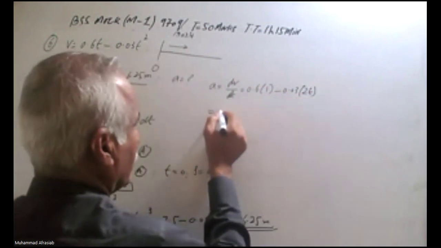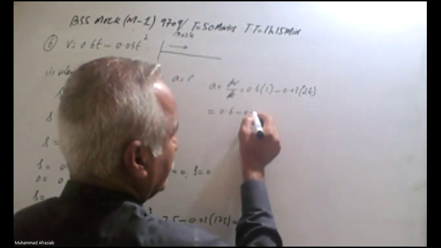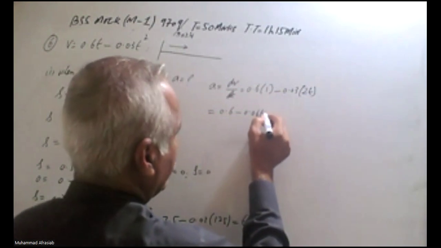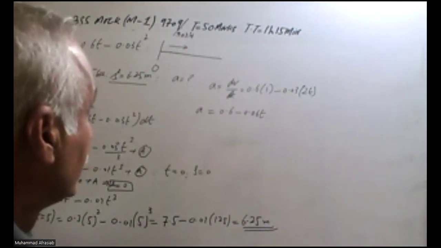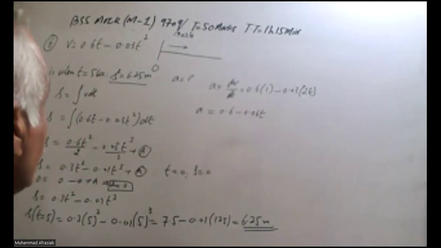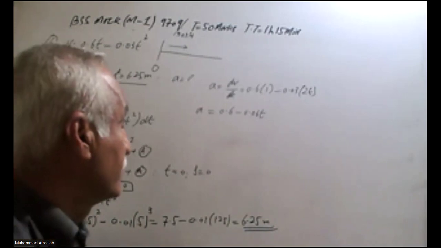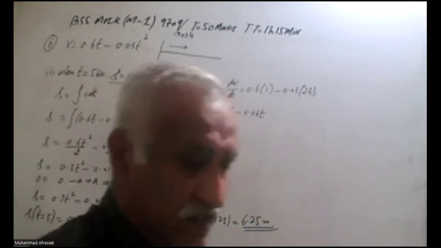So this becomes 0.6 - 0.06t, and that is the acceleration of the particle. They have not mentioned the time here, so we just keep it as 0.6 - 0.06t.